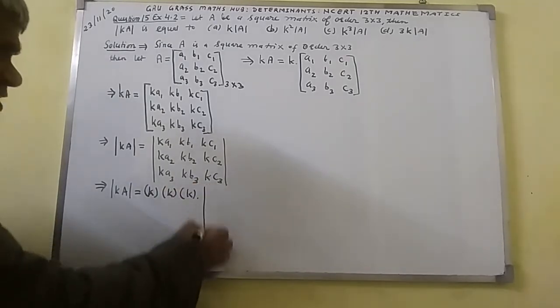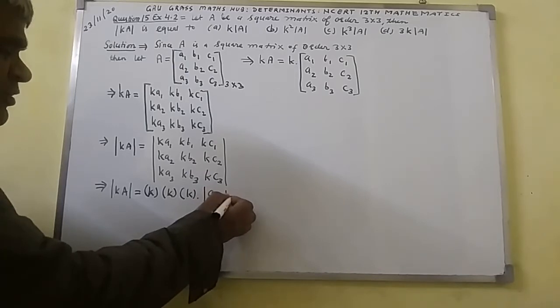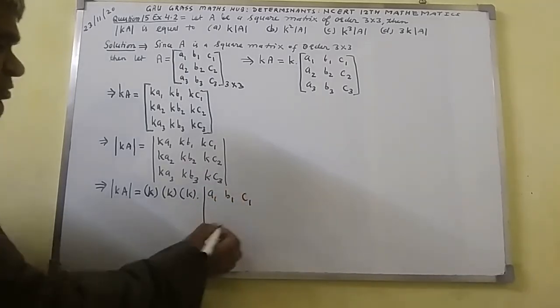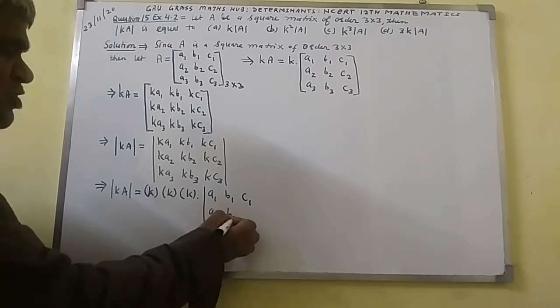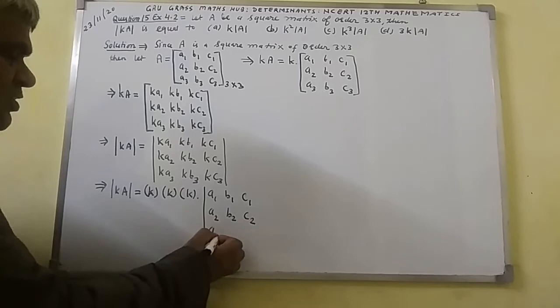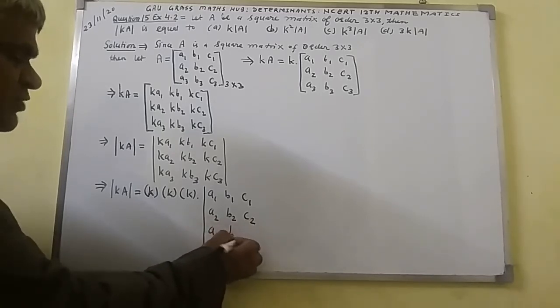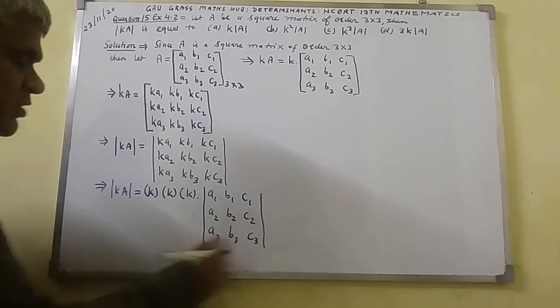So you will get the determinant like this: A1, B1, C1, A2, B2, C2, A3, B3, C3.